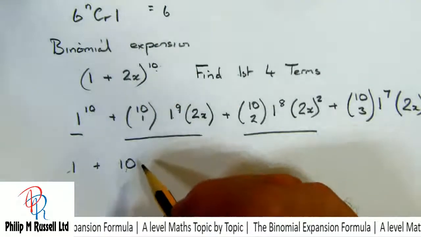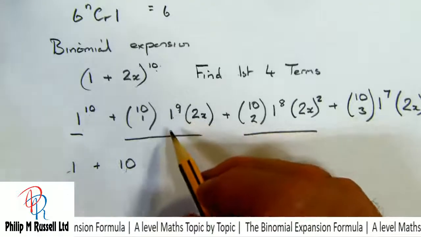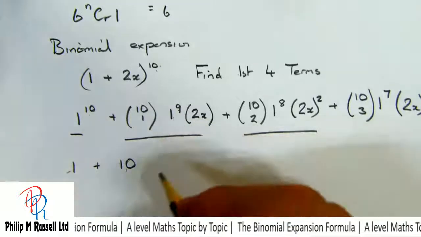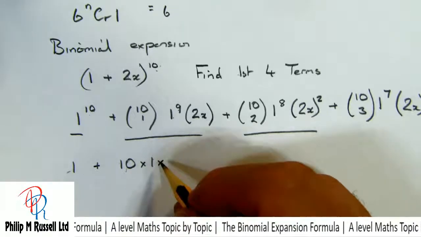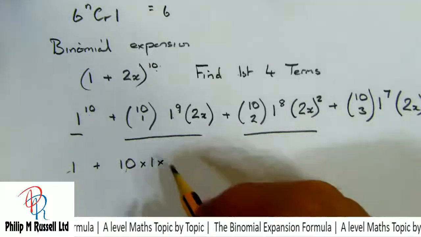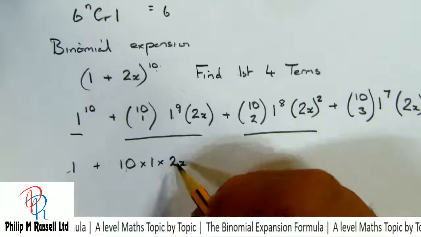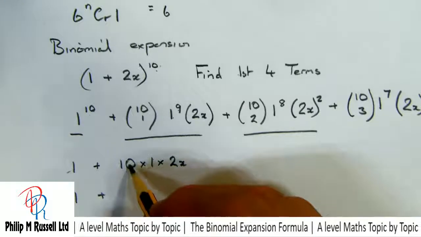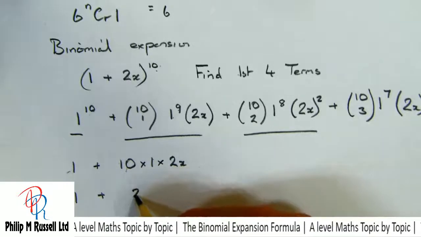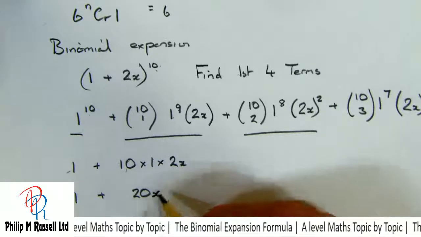That is going to be multiplied by 1 to the 9, and 1 to the 9 is simply going to be 1, and I'm going to multiply that by 2x. So that's going to be 10 times 2, which is going to give me 20x.